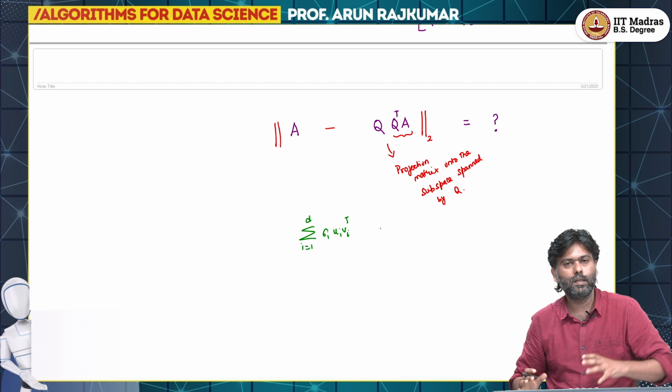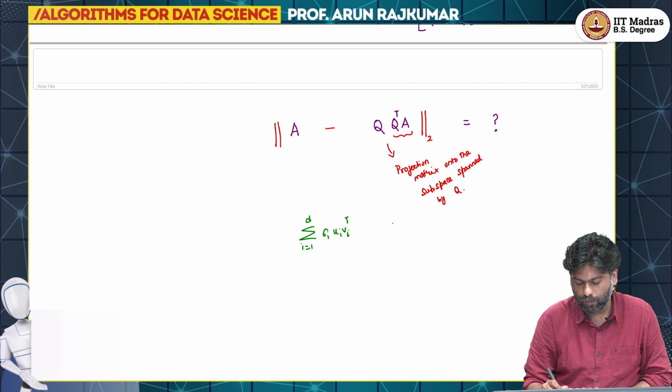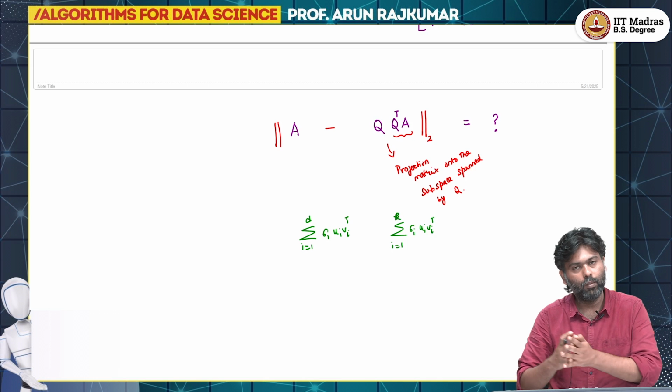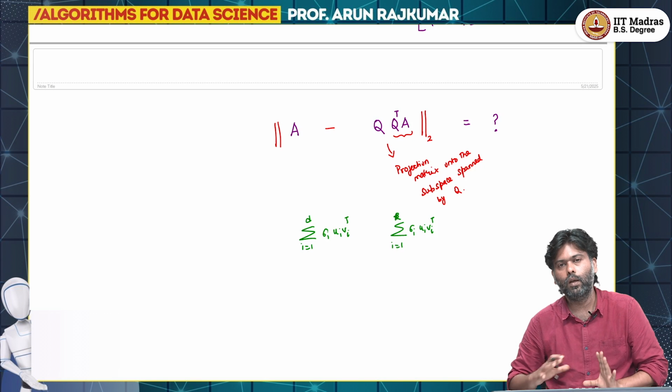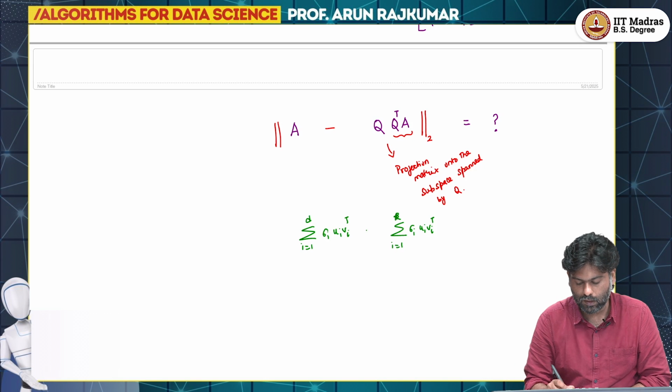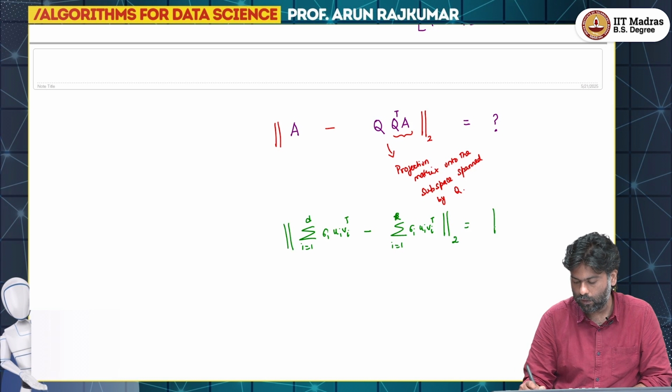Q transpose A is projecting A onto the top K left singular vector space, which means that this is just the sum over i equals 1 to k of sigma i ui vi transpose. I am removing everything else, so from u k plus 1 till um, that part of the basis is gone. I am only retaining u1 to uk. So the difference would then be the norm of the sum over i equals k plus 1 to d of sigma i ui vi transpose.